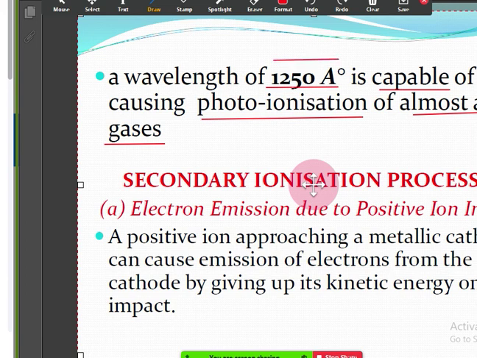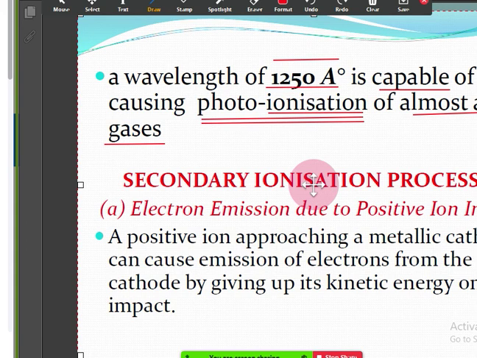If you want to ionize any gas, you can supply radiation with a wavelength of 1250 angstroms, and that radiation will cause photoionization. Photo means light, and ionization means release of electrons and ions.